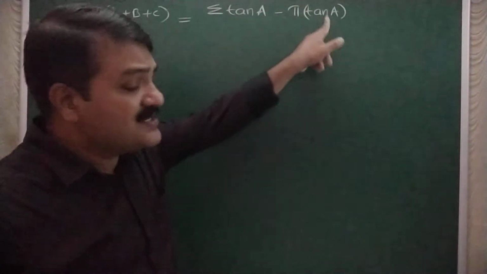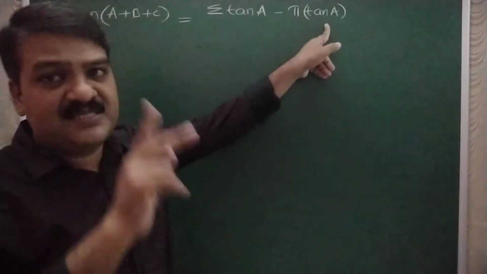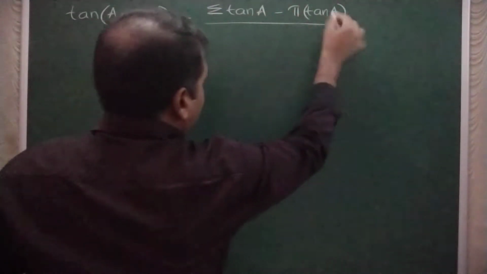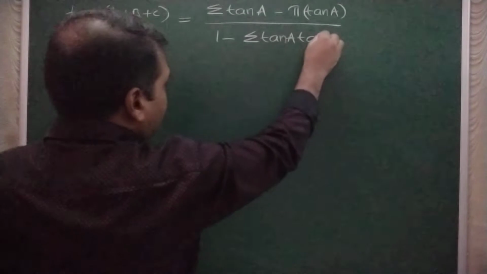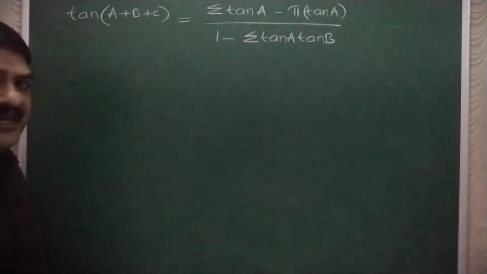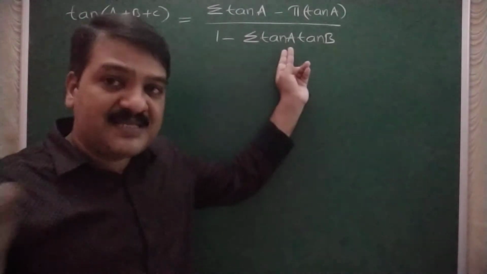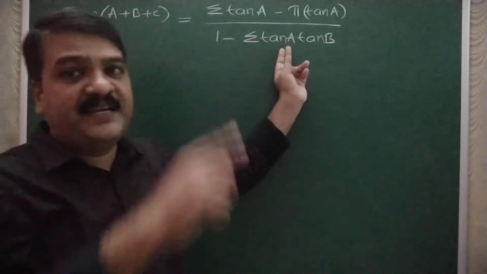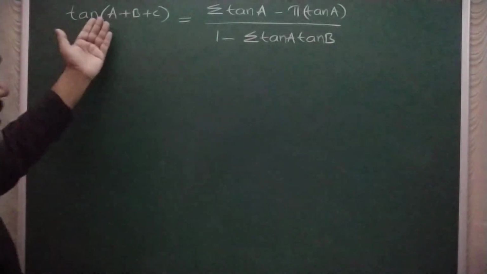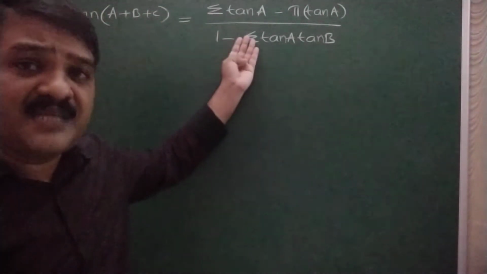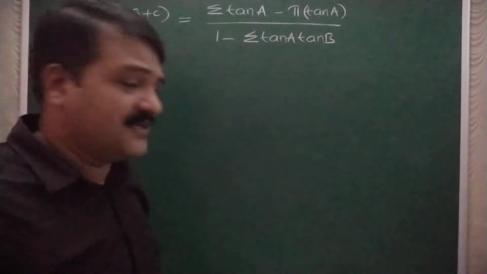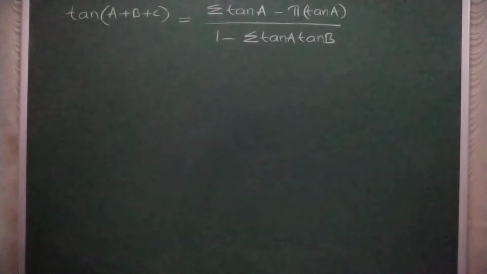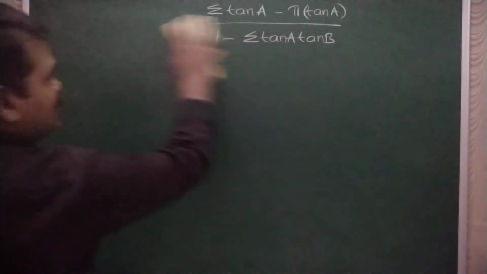So pi tan A means tan A into tan B into tan C. And by 1 minus sigma tan A tan B. So sigma tan A tan B means tan A tan B plus tan B tan C plus tan C tan B. So for cot of A plus B plus C also, the formula is same. Just replace tan with cot. That is nothing but cot of A plus B plus C formula. So this completes the discussion of trigonometric ratios for A plus B plus C model.